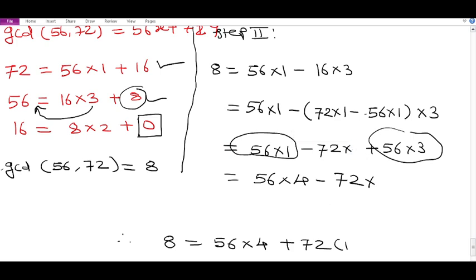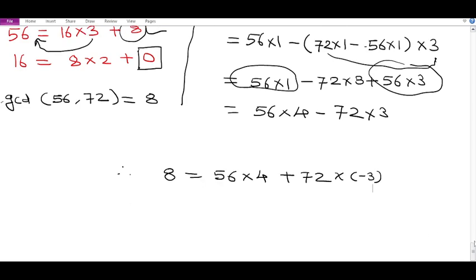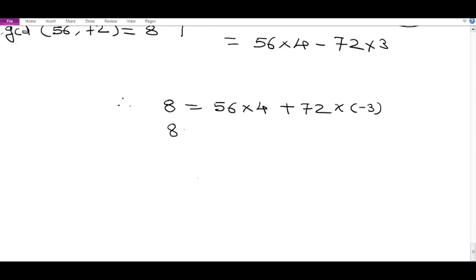So this is 72 times 3, and here also minus 3, 72 times minus 3. If you compare this equation with 8 is equal to 56x plus 72y, this implies x is equal to 4 and y is equal to minus 3.